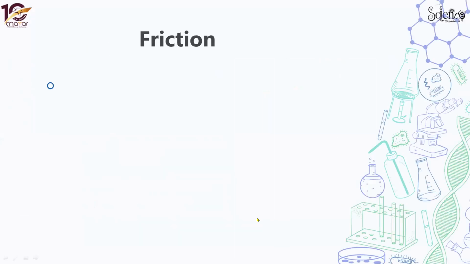Now, let's discuss friction. We just said that forces are 2 types, contact and non-contact forces. In the case of contact, objects must be in contact, in direct touch. So, who remembers how to define friction?